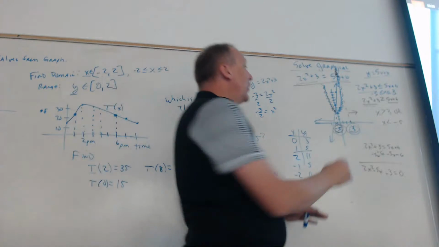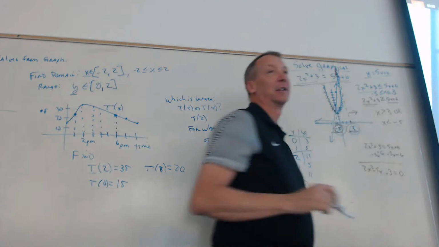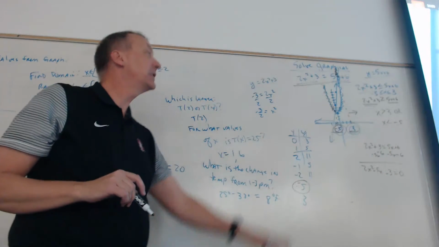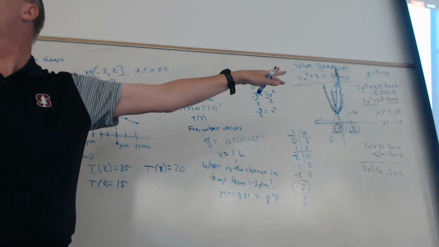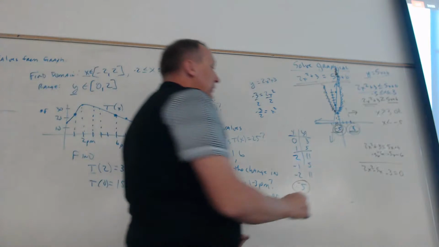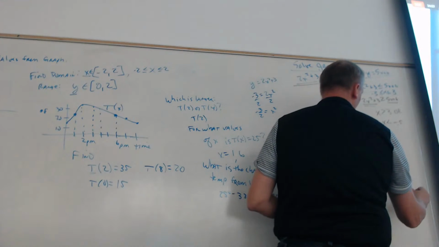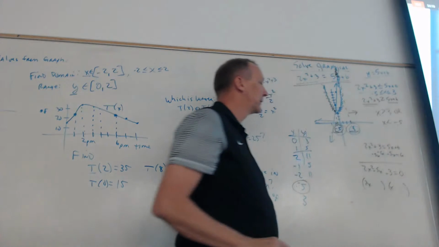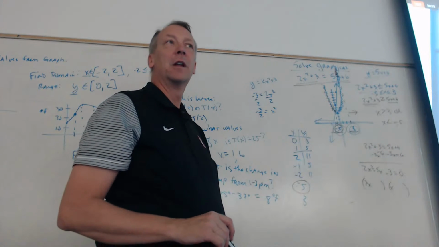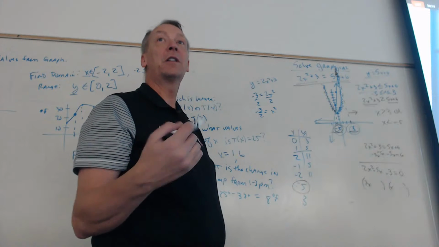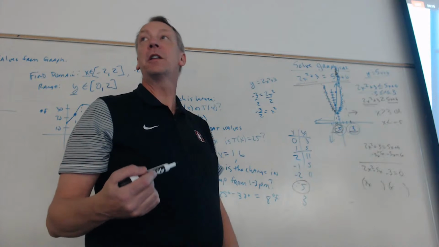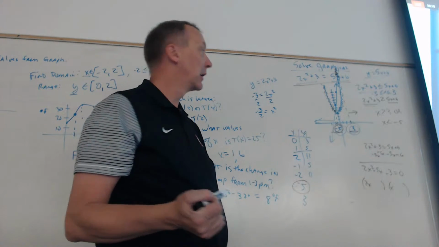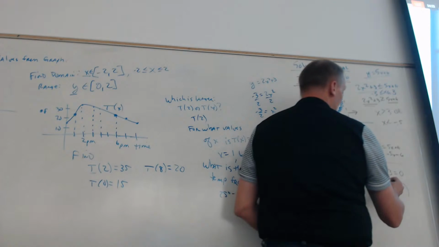You're not going to know this on the test, but since I know the answers, this is fairly easy to factor, right? What are your factors of 2x squared? 2x and x. What are your factors of 3? 1 and 3. It's either 3 and 1 or 1 and 3. Where do I put the 1 and the 3?